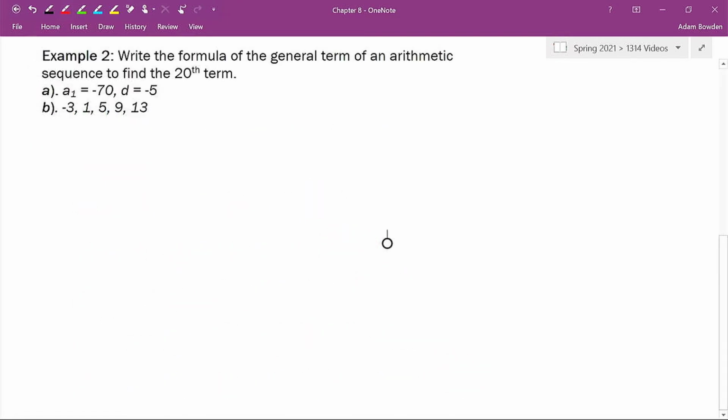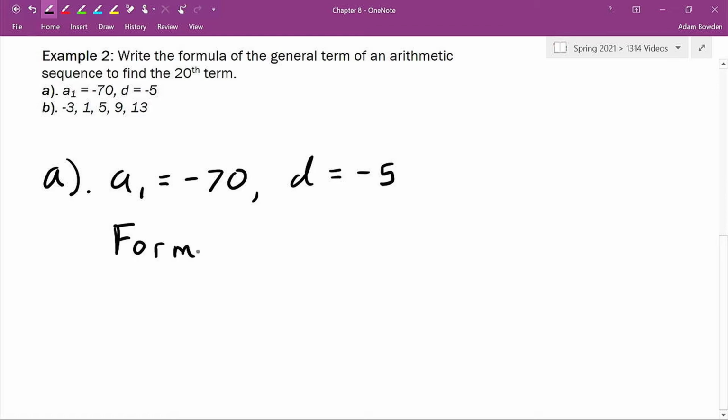On this one it says write the formula of the general term of the arithmetic sequence to find the 20th term. Okay, on the first one it says the first term, a1, is equal to negative 70, and the common difference d is equal to negative 5.